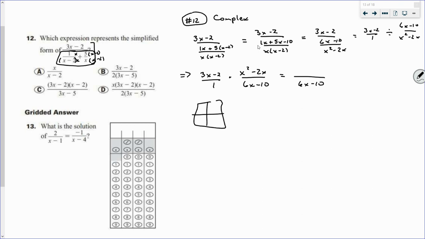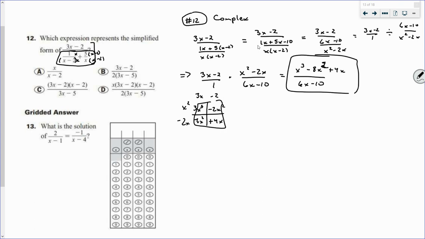Top gets a little bit dicier. 3x cubed minus 2x squared minus 6x squared plus 4x. So x cubed minus 8x squared plus 4x. Not certain that this thing simplifies at all, so I think that's what we would go for.